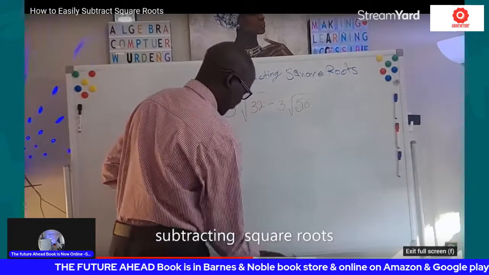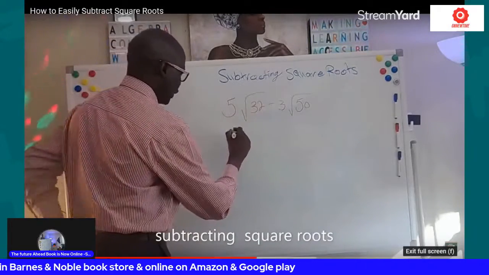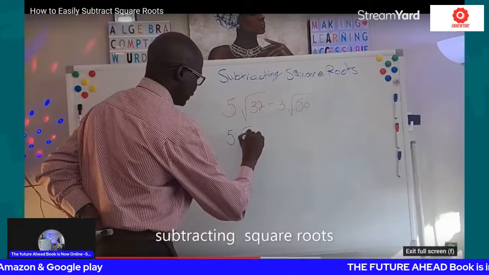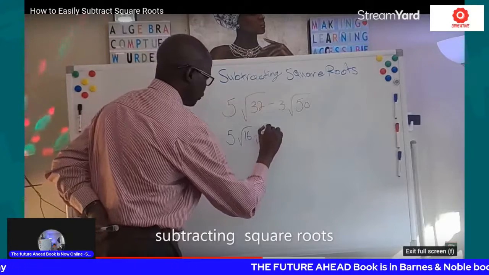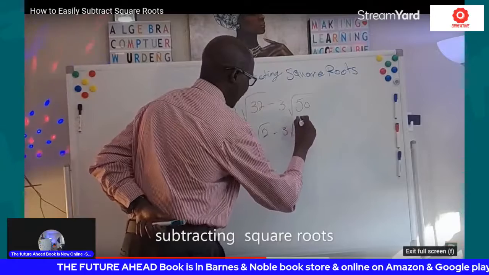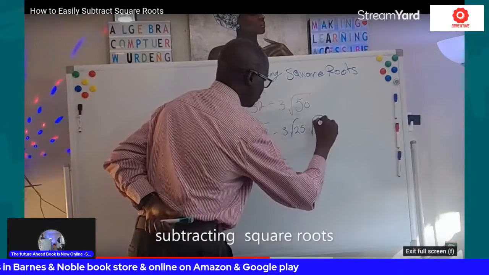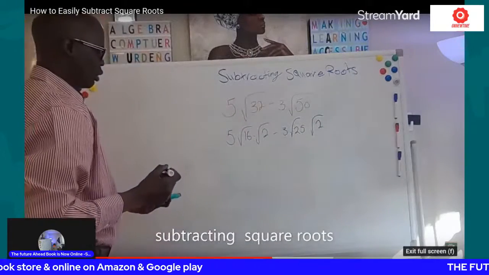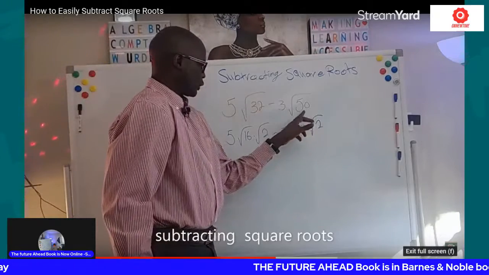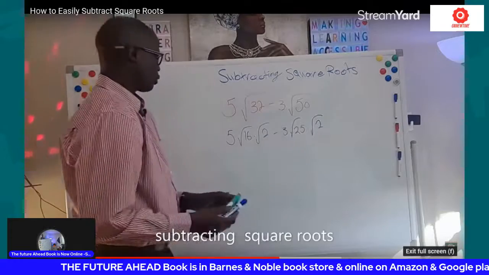So let's say we simplify the first one. It will be equal to 5 times the square root of 16 times the square root of 2 minus 3 times the square root of 25 times the square root of 2. What we've done, we simplify 50, which is equal to the square root of 25 times 2.